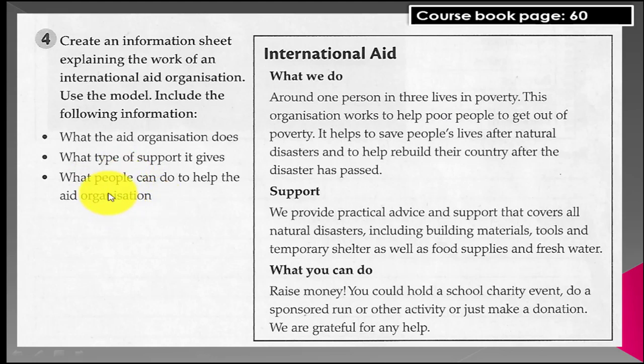So what should you do to help the aid organization? As you know, aid organizations depend on companies, on government, and also on people. So you as a human, you as a part of the community, what can you do to help the aid organization? So these are the main ideas you are going to mention.